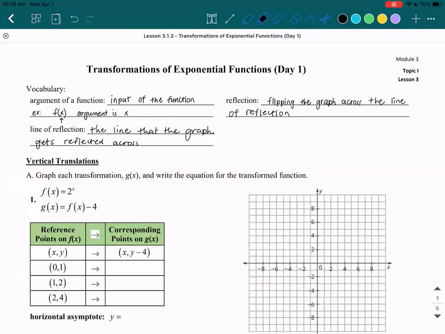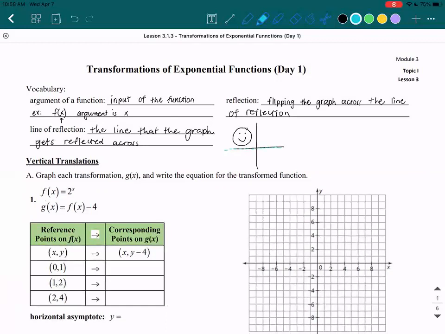Okay, so let me just draw a couple of pictures so that you know what's happening for a reflection and the line of reflection. So let's say here is my x and y axis, and I have a picture of a happy face. Okay, so this is my graph. I know it doesn't look like a graph, but it is. I'm going to draw a blue line of reflection this way.